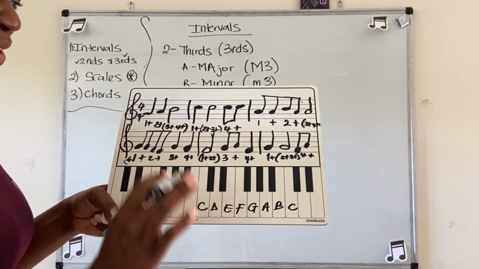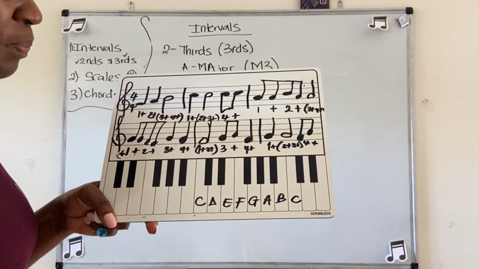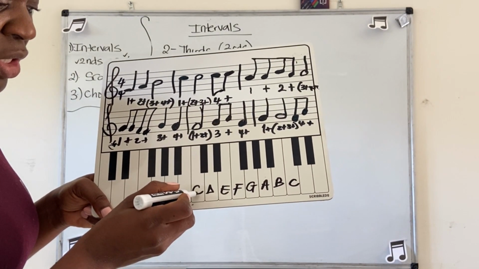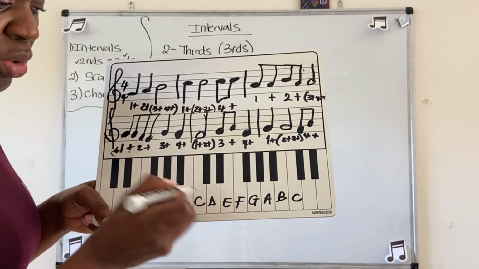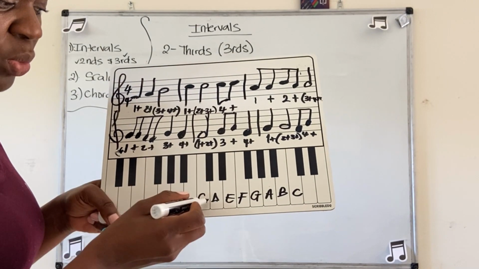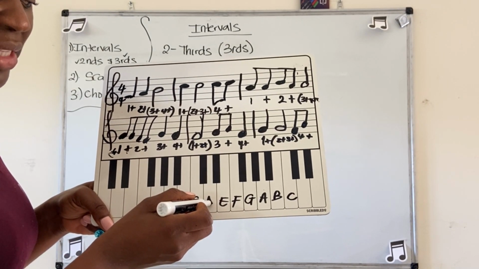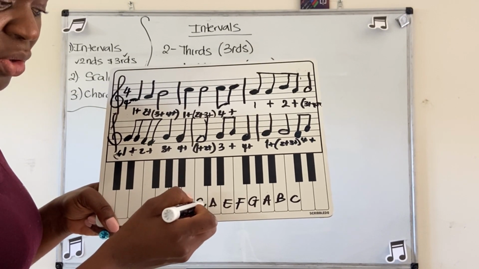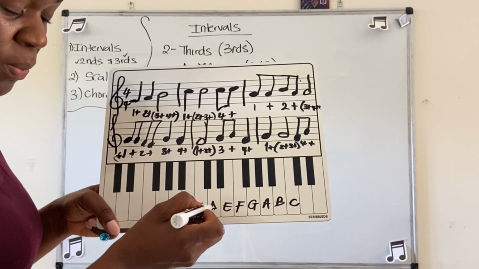We'll be seeing scales later. At least you get introduced to scales already. Now we talked about the distance between two adjacent letters, which is a second, which can be minor or major.